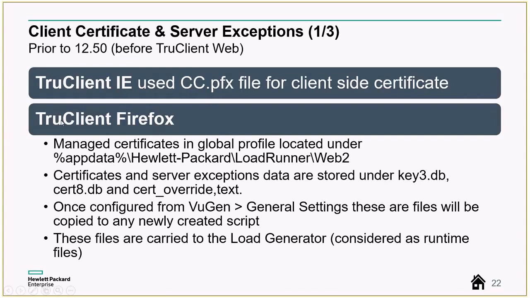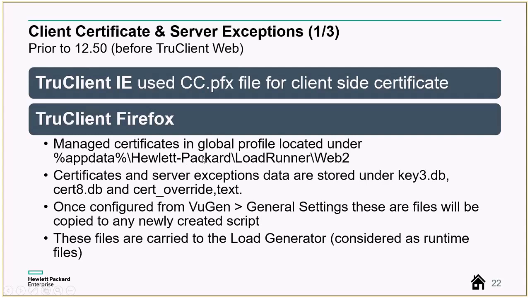In TruClient Firefox, where we had the bigger change between 12.50 and the previous versions, the certificate files are actually stored in several locations, but we managed them on each VuGen machine under a global profile, which is located under this path.